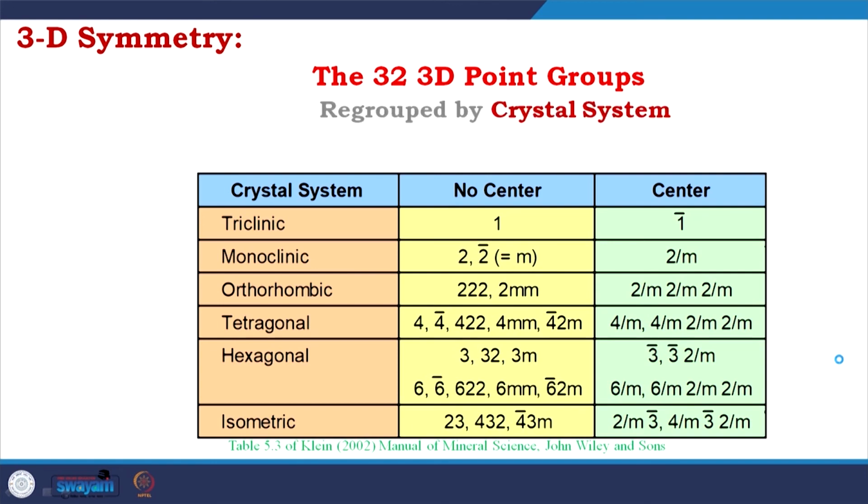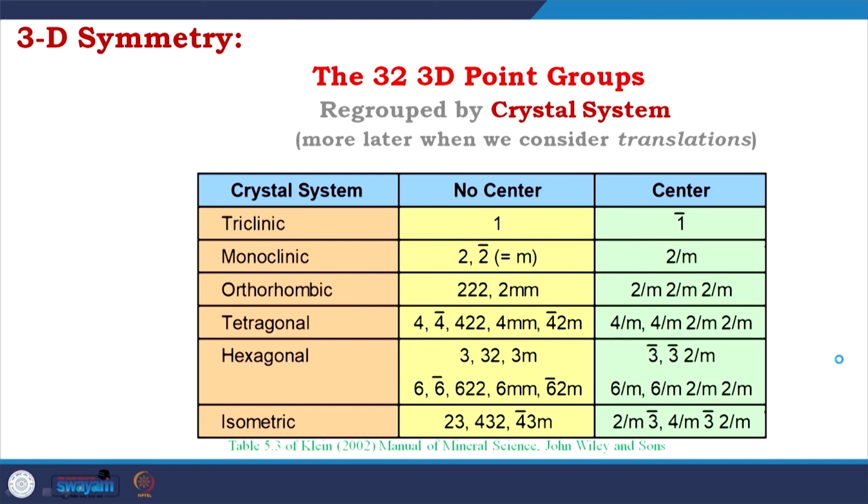It is grouped by the crystal system, with no center and with center, which is the consideration of translation. For triclinic, no center it is 1, center it is 1 bar. Monoclinic: 2, m, and 2/m. Orthorhombic: 2mm, with center 2/m 2/m 2/m.